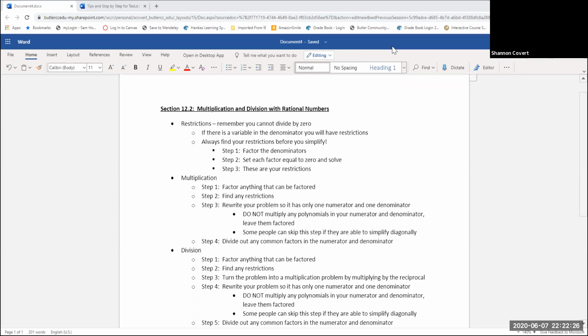We'll figure out whether you can when we get to the examples. And then finally, step 5 is divide out any common factors in the numerator and denominator. The really big difference between multiplying and dividing is that you have to turn your division problem into a multiplication problem. Otherwise, essentially your steps are identical.